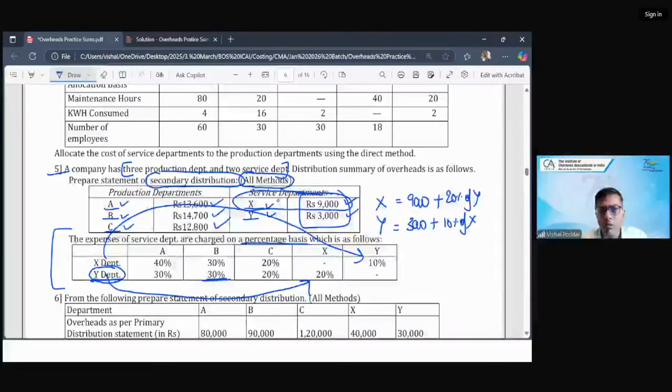Correct. So x is giving to everyone in the ratio of 4, 3, 2, 1. So how much is x giving to y? X is giving 10% to y. Or how much is y getting from x? Y is getting 10% from x. Correct, na? Correct, sir. I had confused. Correct. Solve now question 7.